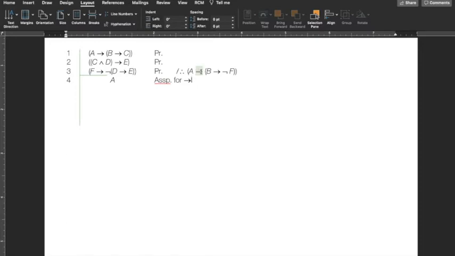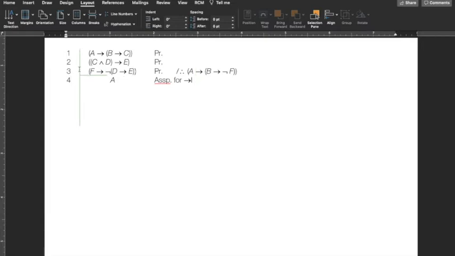Right, so I need to introduce this conditional with A as its antecedent. Note that you might find this whole proof example more useful once you're already a little more familiar with some of the basic rules.